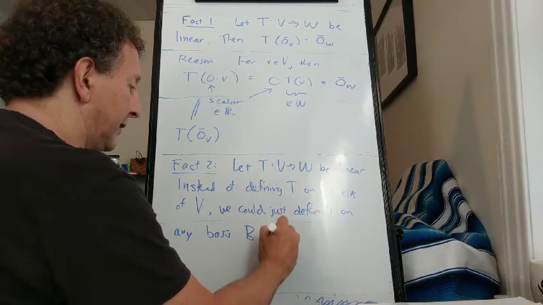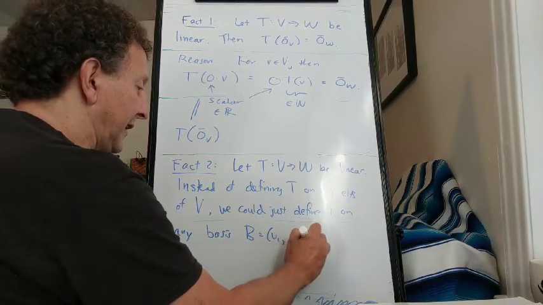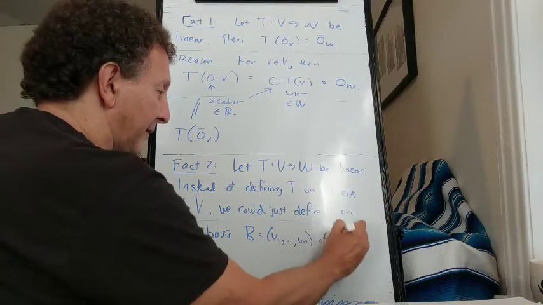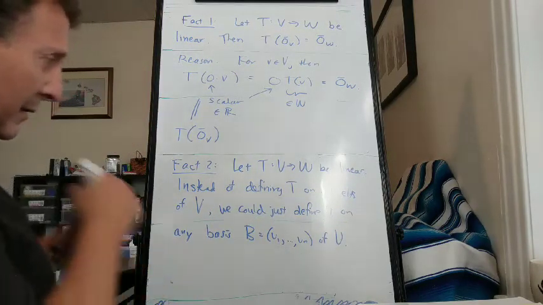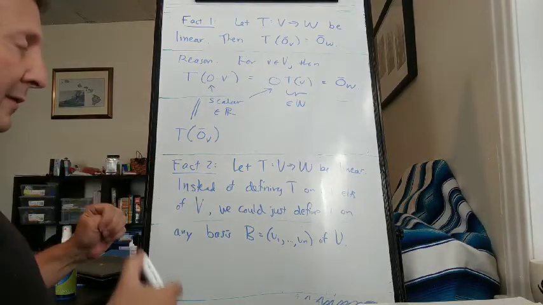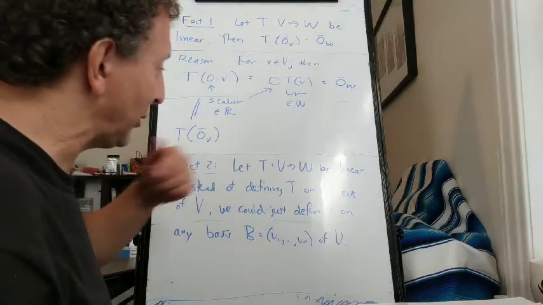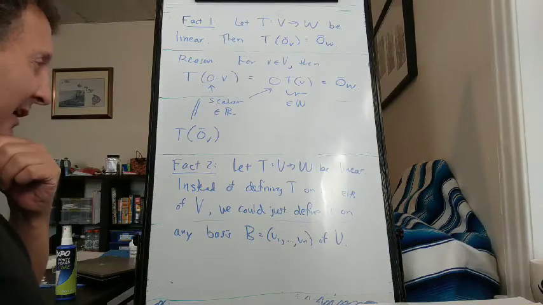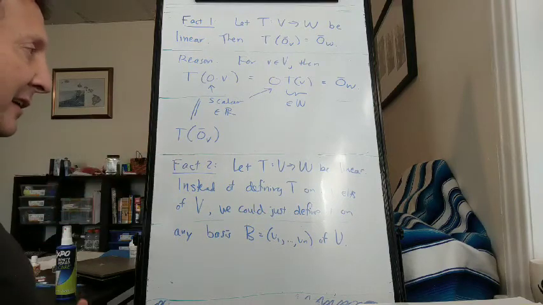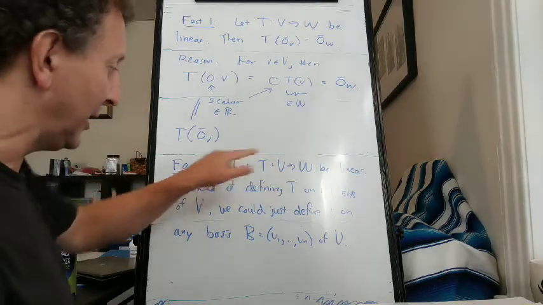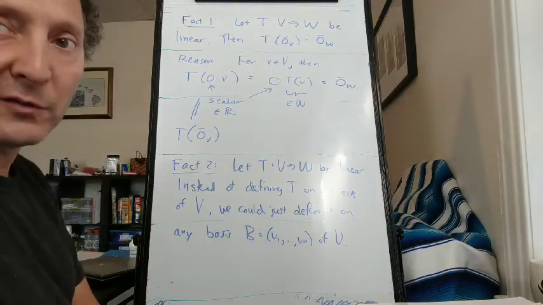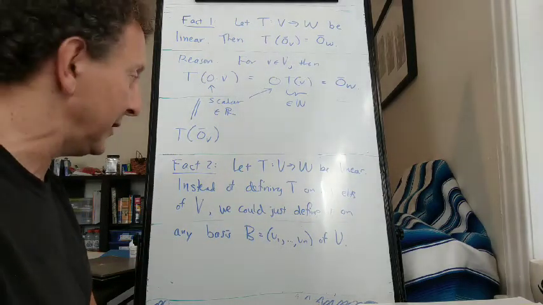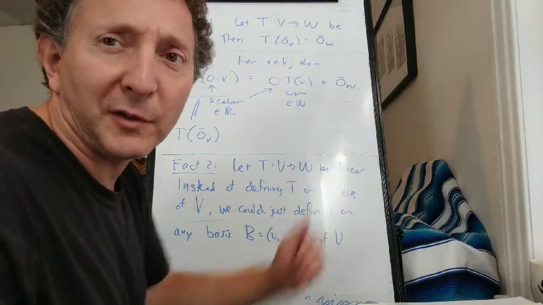Say B equals V1 through Vn of V. Well, for it to be a map, it needs to be defined everywhere on V. So what I'm saying is you don't have to say exactly what it's going to do to every element in V, because if you say what it does to a basis, then that'll tell you what it does to every element in the space V. Sorry about the glare here.